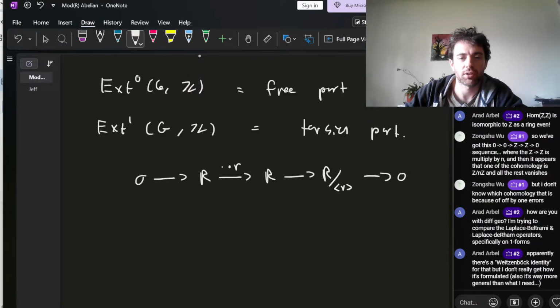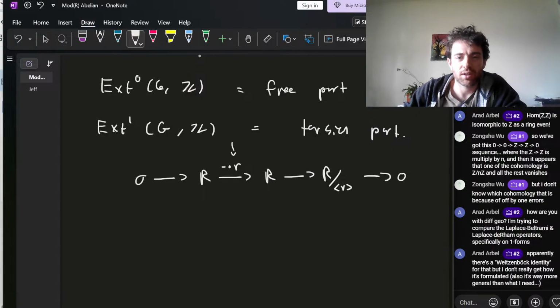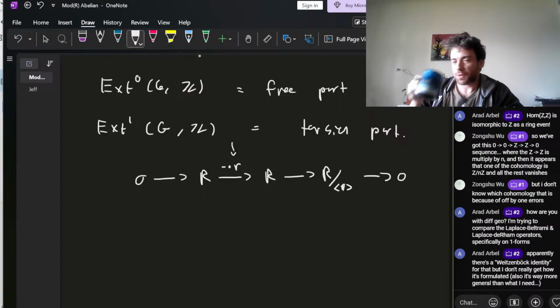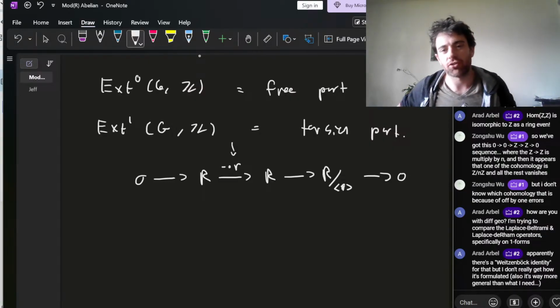Now it is important that we think about this as being multiplication on the right, and I have to be careful about left, right, and ideals as well. But you can use this.